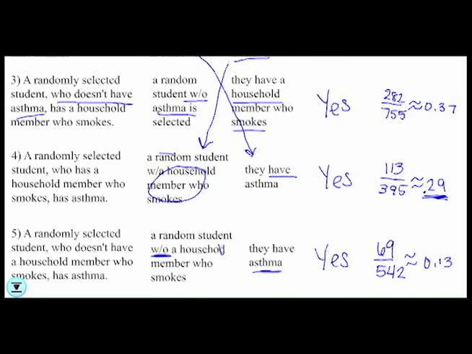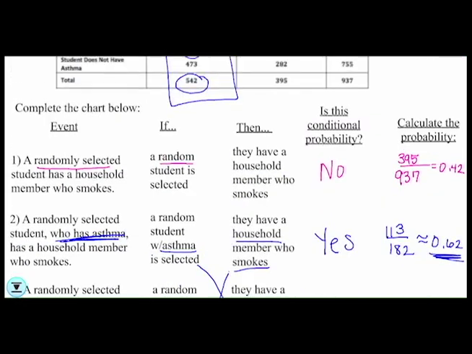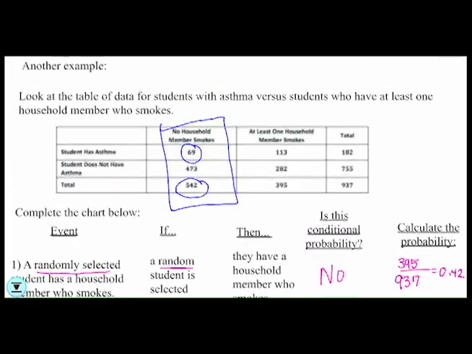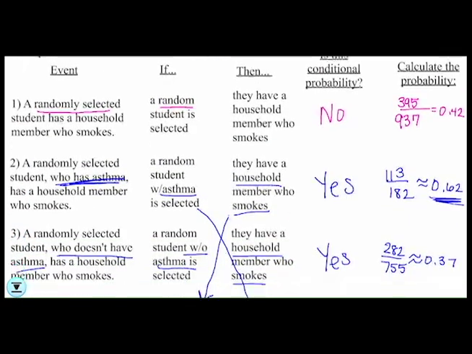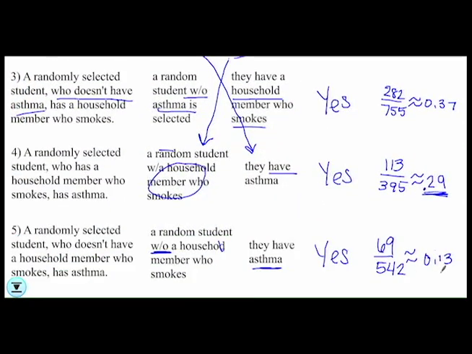Next week, we're going to be talking about how to interpret some of this data, so it's important that you look back at the information. Notice this small percentage shows us that it's really less likely for a random student with a household who has no smokers to have asthma. So we can see a correlation here that it's not really likely for them to have asthma given that they have a household without smokers.